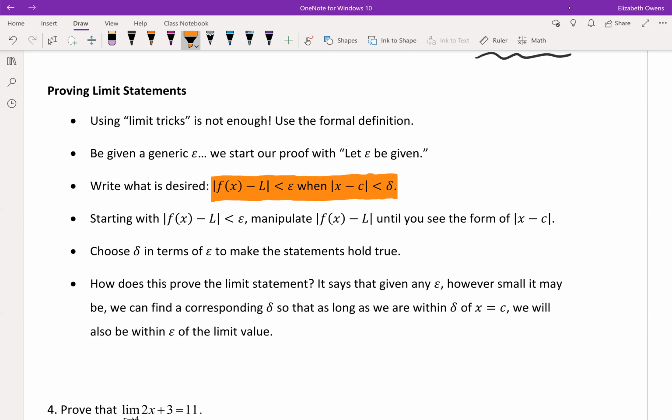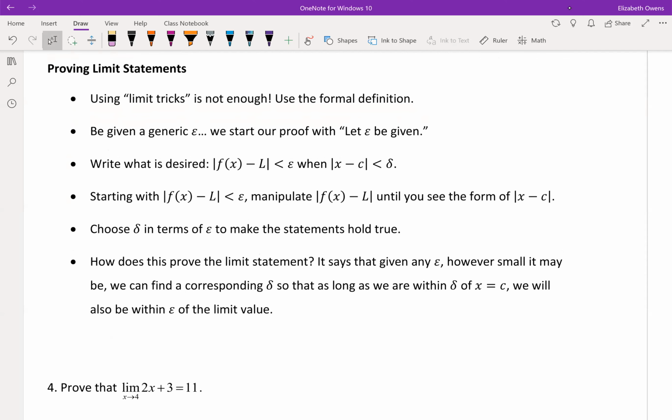And we're going to write that down and then put in whatever we know from those statements. So perhaps in your problem, you know what f of x is. Maybe you know what L is. Maybe you have a c value. You could put those things into those statements and it's going to help the process of the proof.